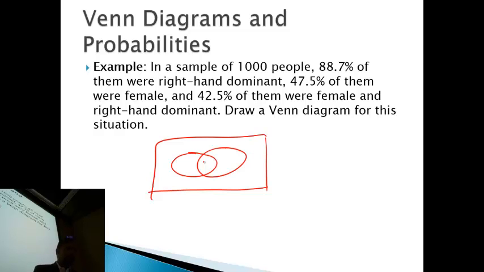It says here 47.5% were female, 42.5% were female and right-handed. So it is possible that they're right-handed female, so that those sets will overlap. And I like to kind of do some little arrow or whatever.